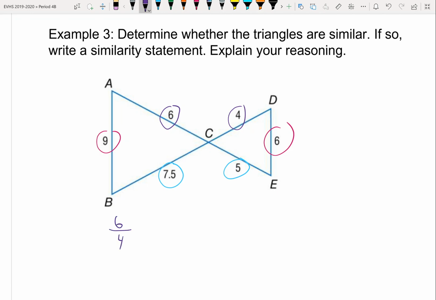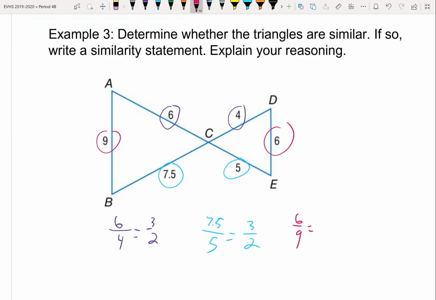So 6 over 4, that is going to reduce down to 3 halves. Now with my medium sides, I've got 7.5 over 5, making sure the right one stays in the numerator. That one, sure enough, if you don't believe me, you can test it in your calculator. That is going to reduce down to 3 halves. And then my long sides, we've got 6 divided by 9.